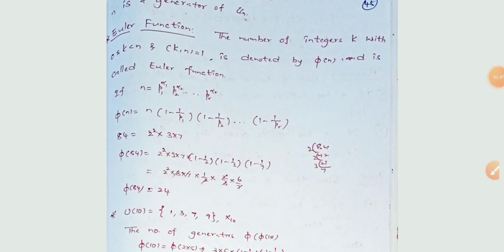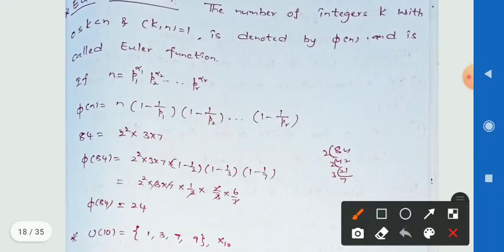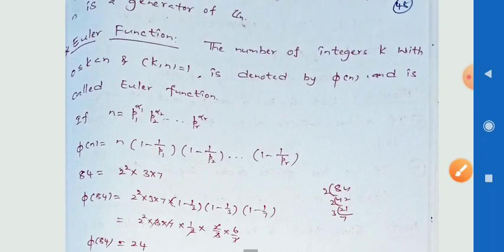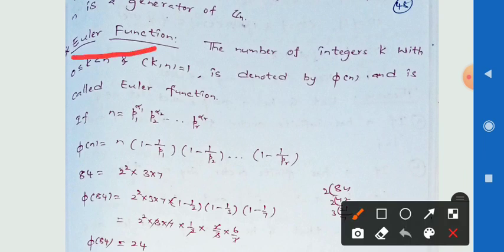Now, the definition of Euler function. The number of integers k with 0 less than or equal to k less than n and the GCD of k comma n is equal to 1 is denoted by phi of n, and phi of n is called the Euler function.